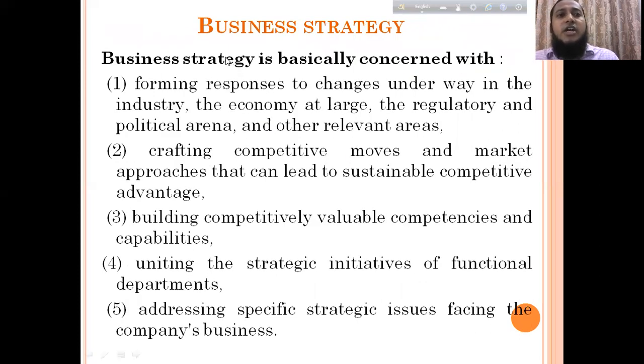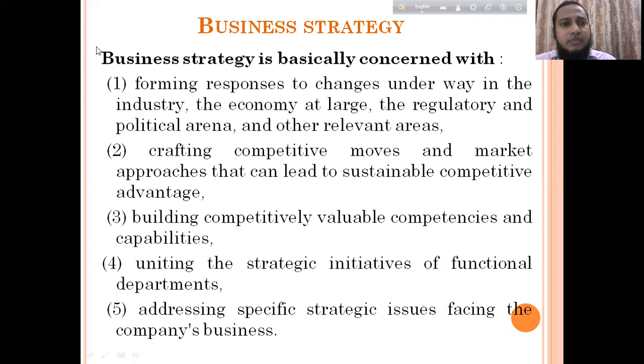Business strategy is basically concerned with forming responses to changes underway in the industry, the economy at large, the regulatory and political arena, and other relevant areas. It indicates that business strategy is formulated in order to respond to the changes in the industry, the economy, the business law, the political situation, and other relevant areas.